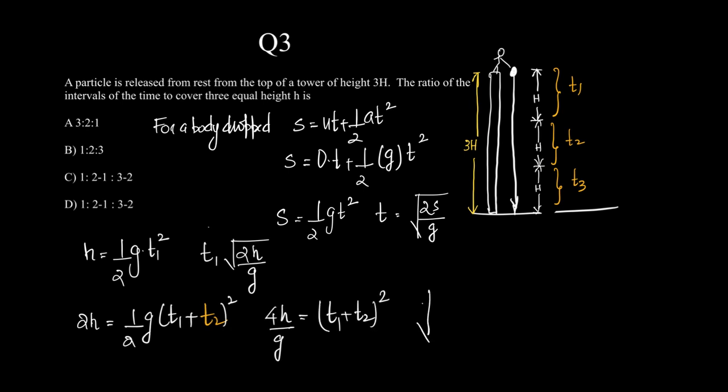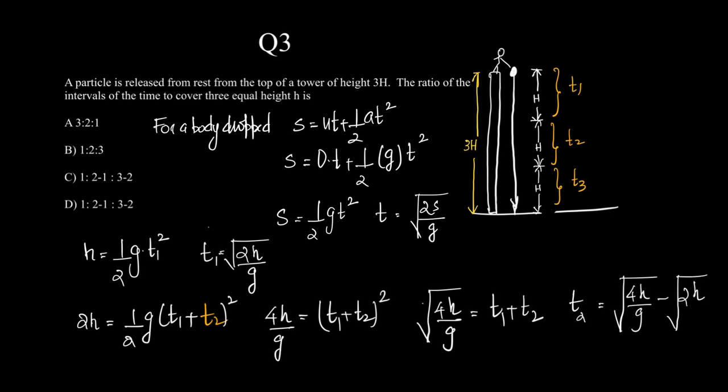So we'll get root of 4h by g is equal to t1 plus t2, right? So what can t2 be written as? t2 can be written as root of 4h by g minus t1. And what is t1? t1 is equal to root of 2h by g. All right.